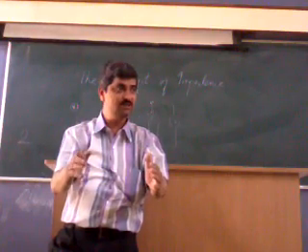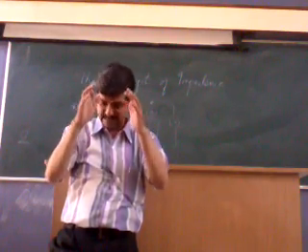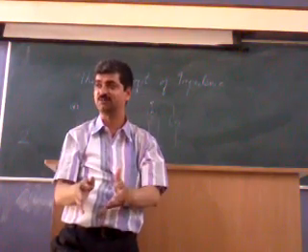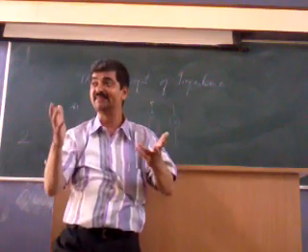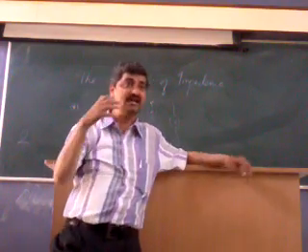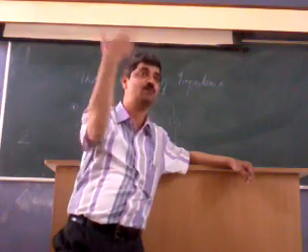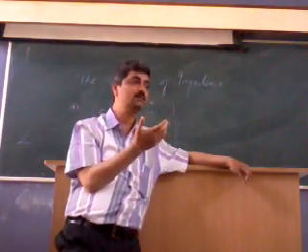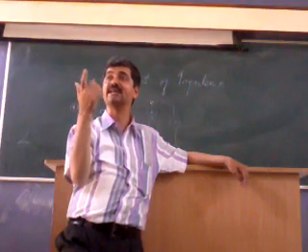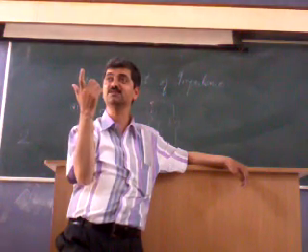Electrostatic force amongst the same type of charge is a repulsive force, whereas gravitational force is an attractive force. So what should happen? What is the end result of gravitational force?